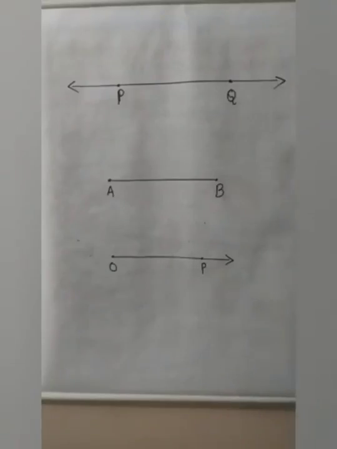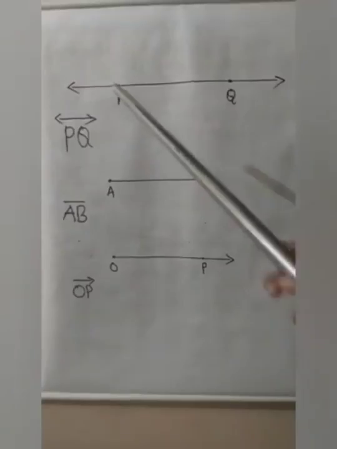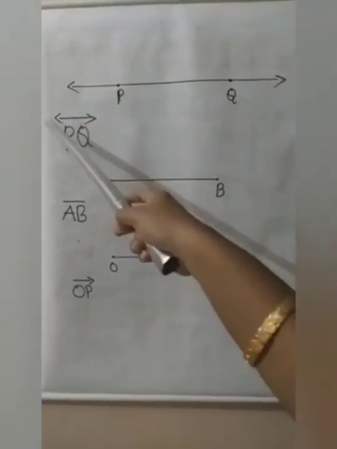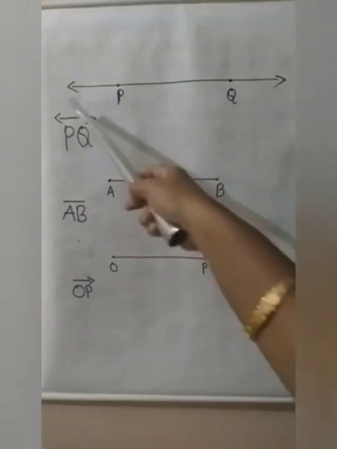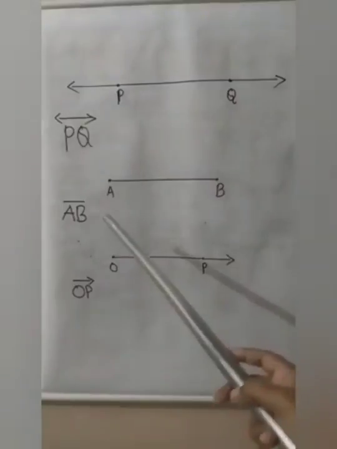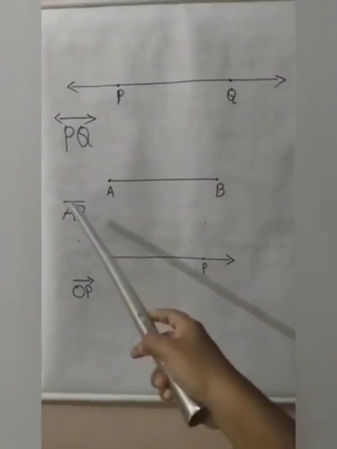Now how will we denote a line, line segment and ray? So how can we say line PQ? Above PQ, a line with both the ends arrow. This is the symbol for line. Now how will we mark a line segment? Simply a line.